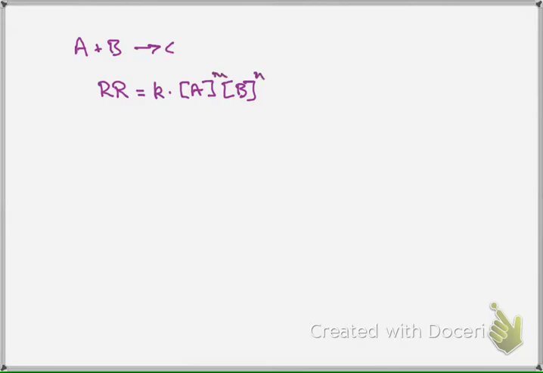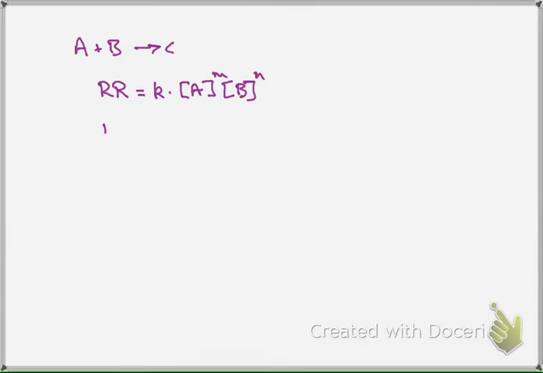M and N. Now, let's say you wanted to know the order for A. You hold B constant, and you look at the reaction rate when A is changed. You guys remember doing that? We do 2 experiments.